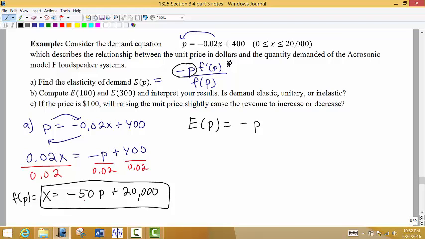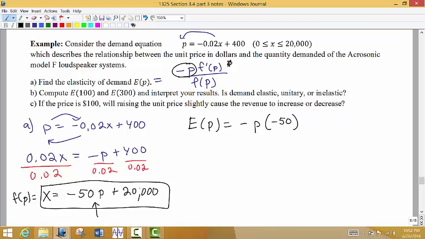I'm finding the derivative with respect to p. So this is actually really easy. Treating p the way that we would have treated x before, the derivative with respect to p would be negative 50. Kind of like if you had negative 50x, we say the derivative is negative 50.